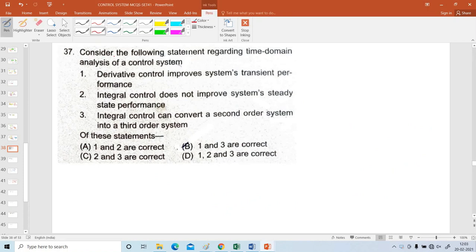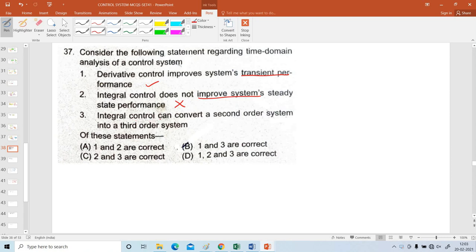Next problem, consider the following statements regarding time domain analysis of a control system. The first one, derivative control improves system's transient performance. That is correct. Integral control does not improve system's steady state performance. But the fact is integral control improves system's steady state performance, so it is wrong.